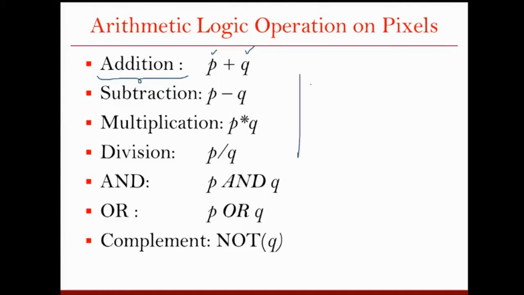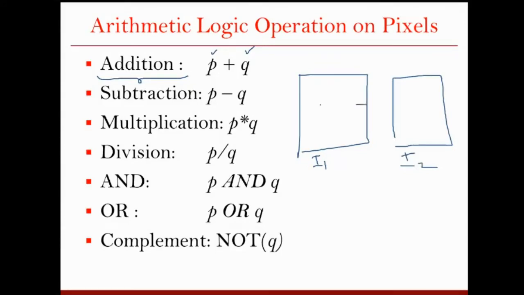So, if you have an image I1 here and another image I2 here, and at the same location in I1 and I2, let's say you have pixel P and Q. This is P, let's say at the 50, 50 location. Similarly, here you have a pixel Q at the same location 50, 50.